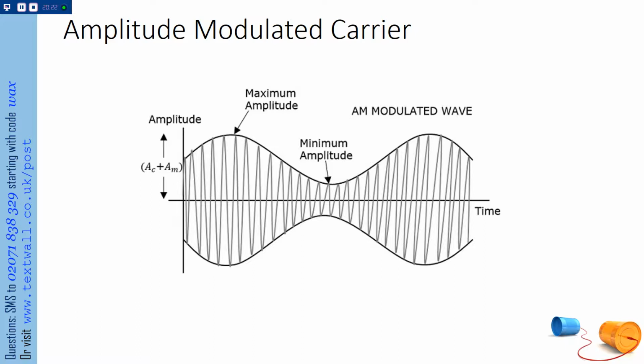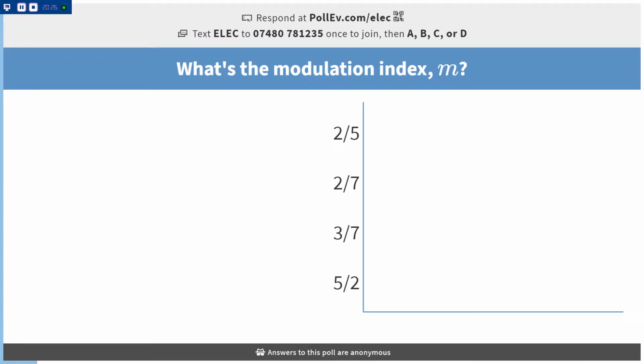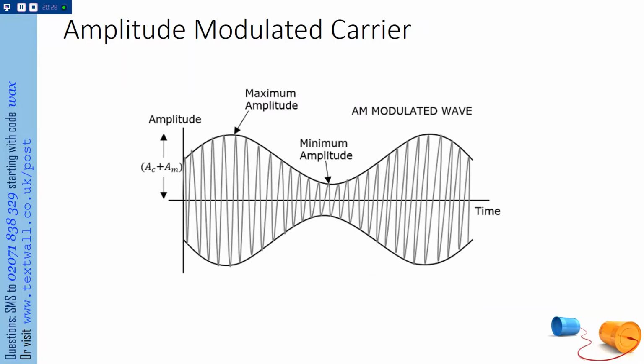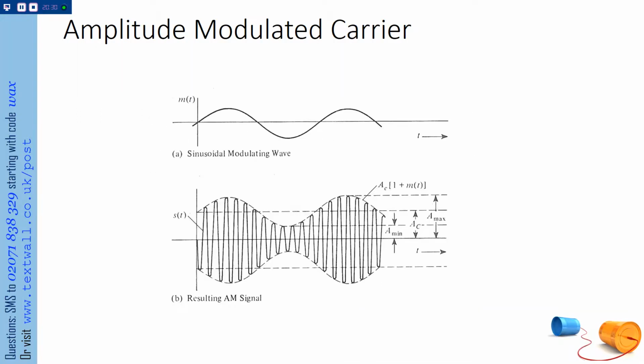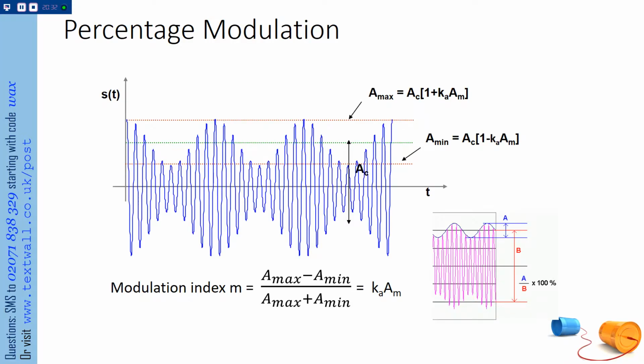So if you take the difference of those two numbers, divided by the sum of those two numbers, that gives us the modulation index. There. So the modulation index is the maximum amplitude minus the minimum amplitude divided by the maximum amplitude plus the minimum amplitude.